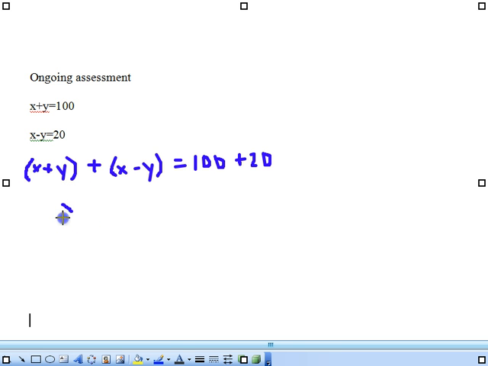And we get x plus x. And in the previous problem, they put plus 0 to show that when you add y plus negative y, you get 0. But I'm going to leave out that part. You'll just essentially have x plus x. And I think you guys understand that.